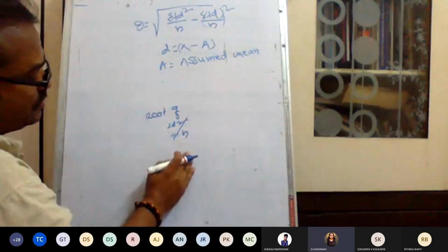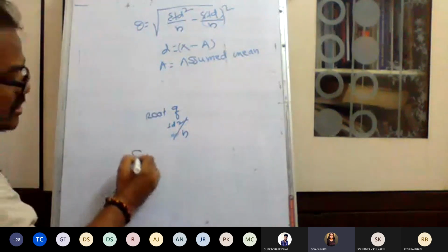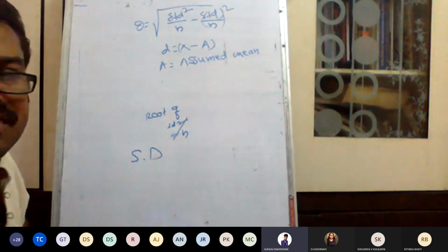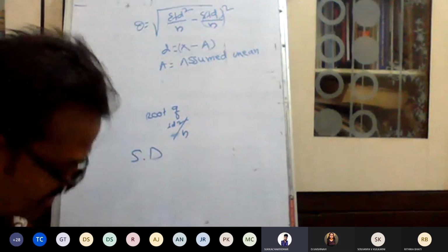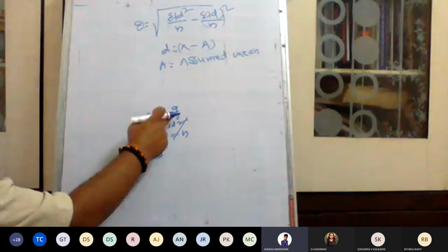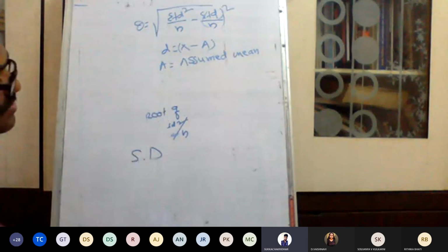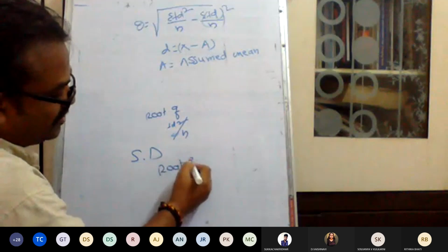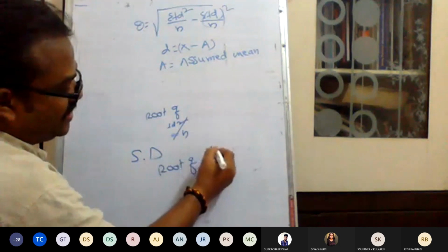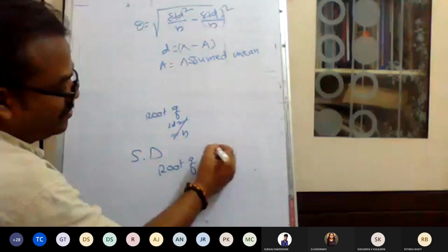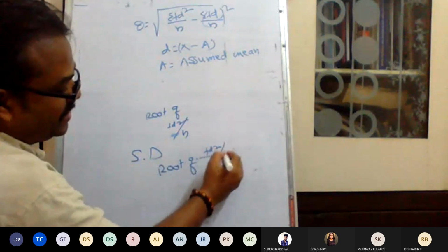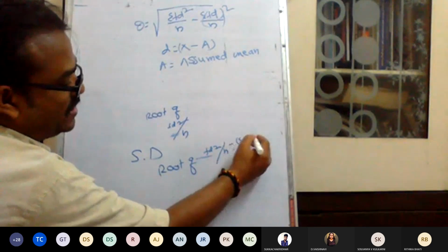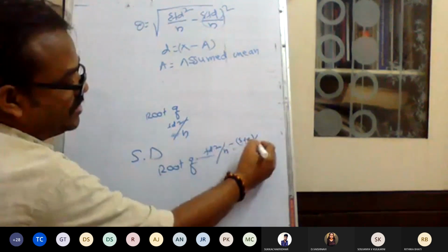Sir, then what about the sigma symbol? Instead of the sigma symbol, you put SD. SD is equal to root of, then fd squared by n minus, in brackets, fd divided by n.